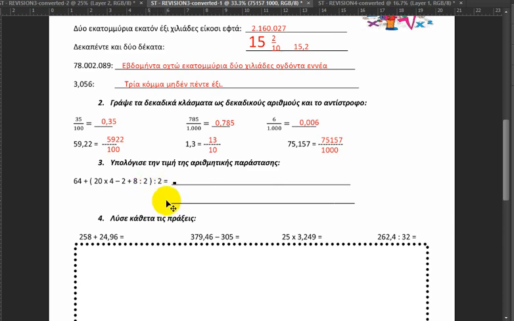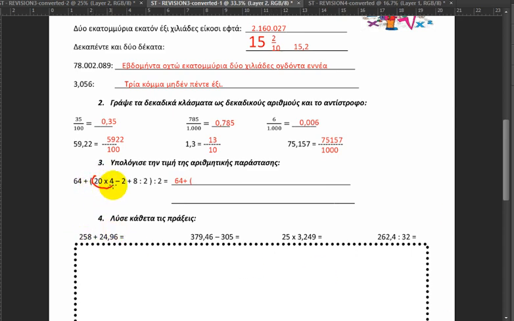So let's get started. 64 plus stays the same, right? And the parentheses are going to stay like this until we have no more operations left to do inside them. So what should go first? Well, 20 times 4, multiplication and division have priority. And can we do them at the same time? Consider this.